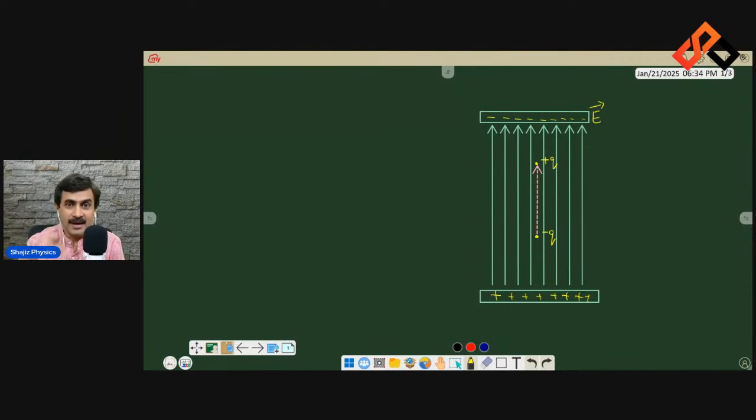Dipole moment and its unit, everything we have learned. And we are familiar with certain molecules which possess dipole and dipole moment. Examples: hydrochloric acid, HCl molecule, NF3 molecule, NH3 ammonia molecule, water molecule. There are several molecules which possess an electric dipole.